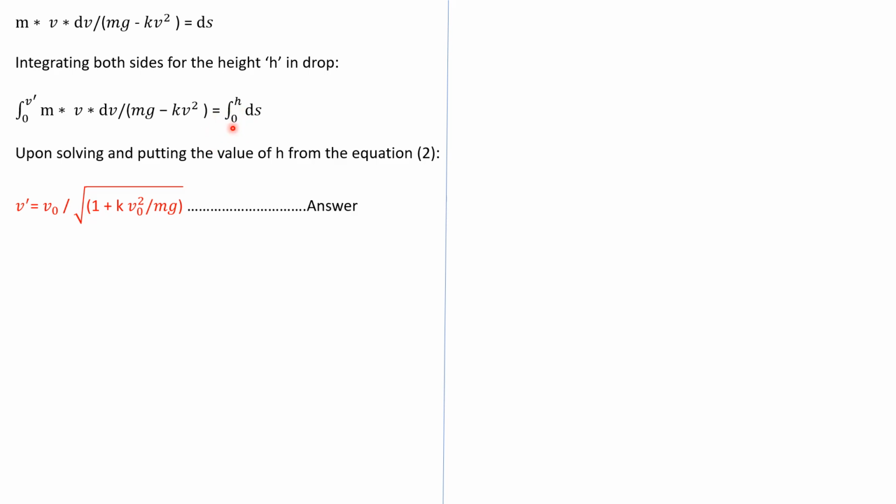The displacement was 0, and when it acquires the velocity v dash, the displacement covered is h. By solving this equation, we get v dash equals v naught divided by this. So this will be our final answer.